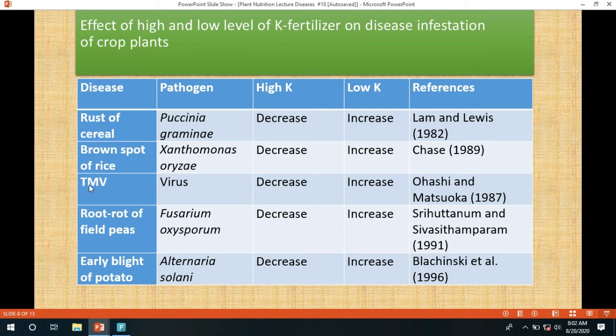Tobacco mosaic virus, where the causal organism is a virus: a high level of potassium decreases it, a low level increases it. Root rot of field pea, Fusarium oxysporum: high level decreases and low level increases. Alternaria solani, the early blight of potato: a high level decreases it, a low level increases it.